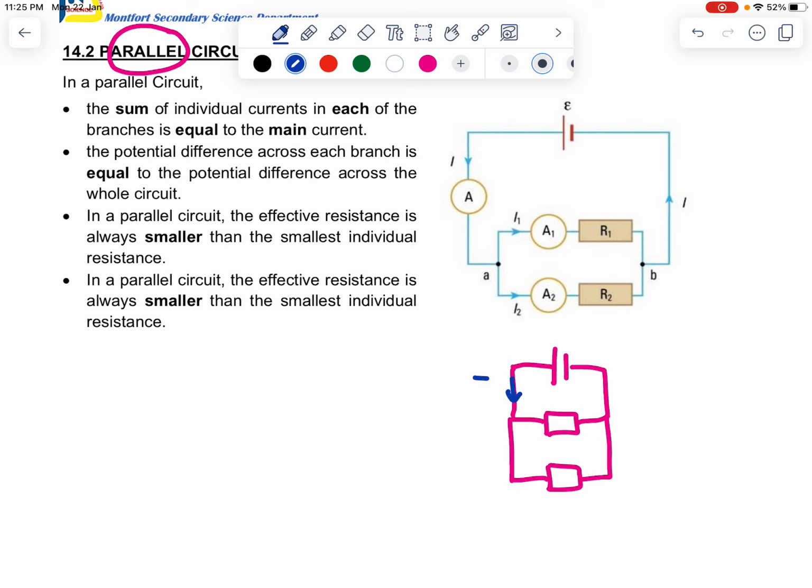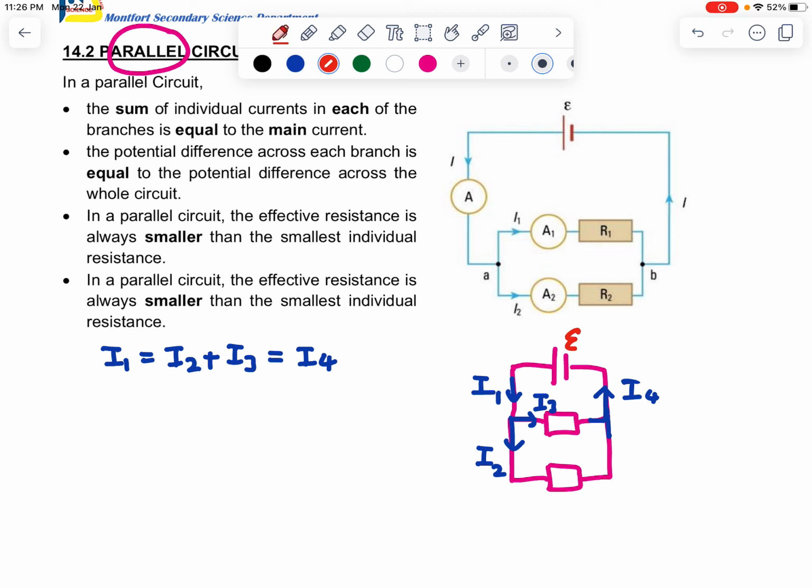So I have the current here, call it current 1. At this branch it will split into 2 different currents, current 2, current 3. After which, they will join back here, current 4. So I1 equals I2 plus I3, which then later join back, equals I4.